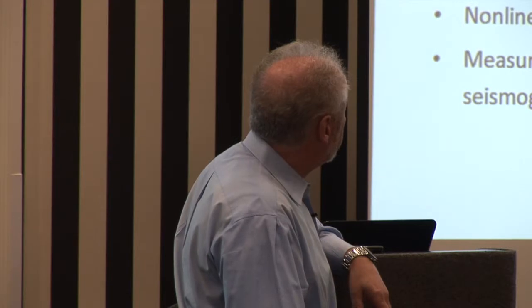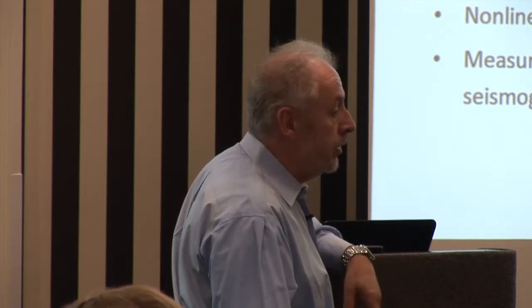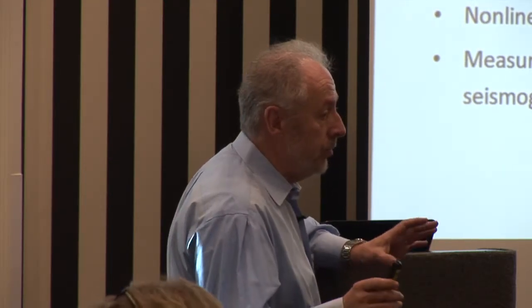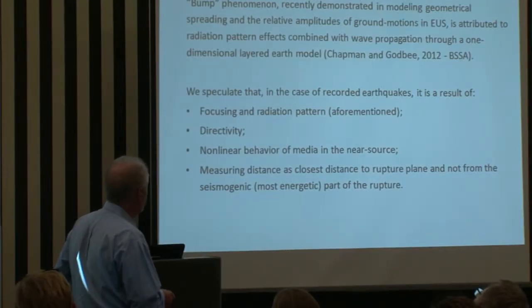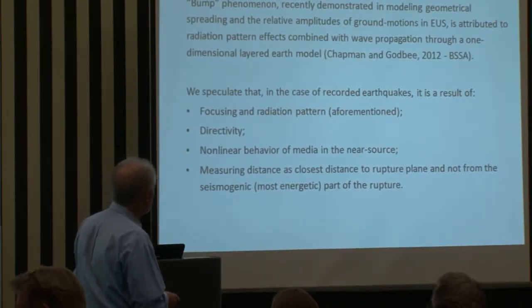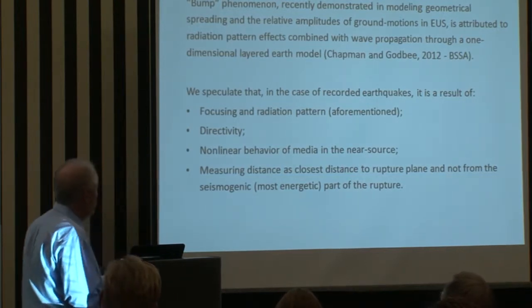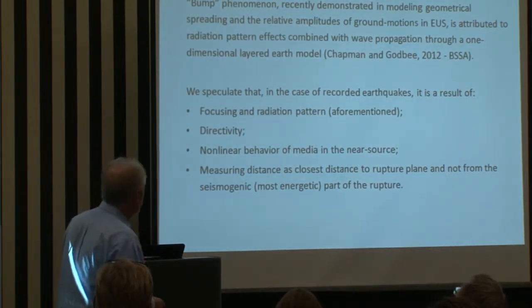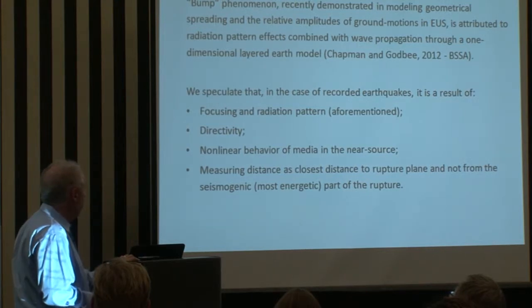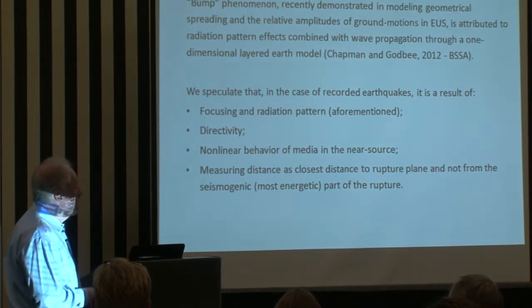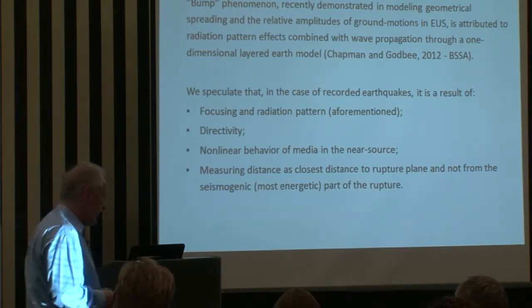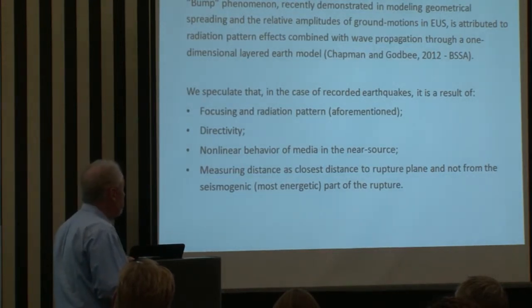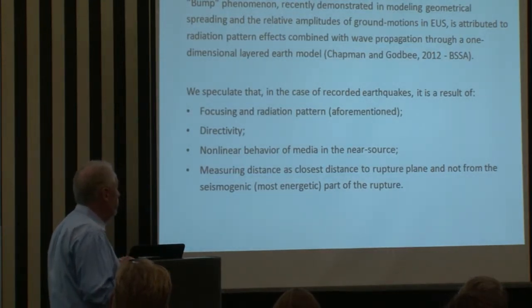And their explanation, it's a quote from them, I don't have anything to do with this: this is because of wave propagation through a one-dimensional layered Earth model. That comes from Martin Chapman. Now, in their case, these are ground motion simulations, similar to what we saw yesterday.